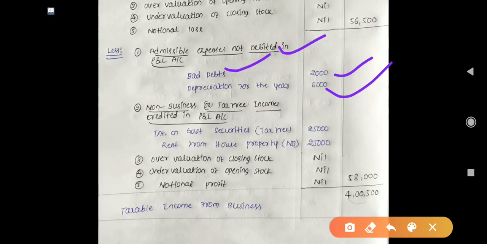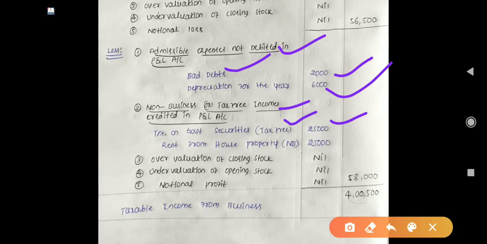Next, second one is business or non-business or tax-free incomes credited in the profit and loss account. If any non-business or tax-free incomes are credited in the profit and loss account, those items are also deducted from the net profit. Here, interest on government securities is tax-free, so that is deducted. Rent from house property is non-business income, so that is deducted.